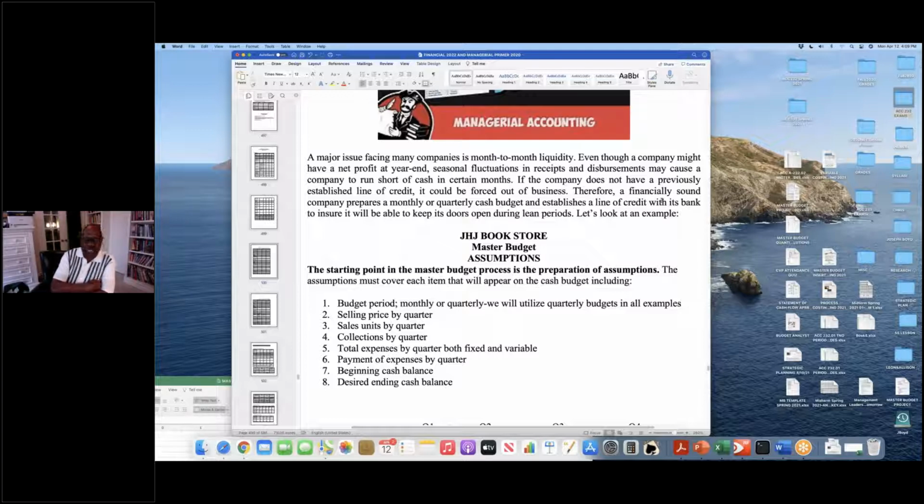And if we don't have enough money, the key thing is we take our statements to the bank and we get a working capital loan or a temporary loan so that monthly, quarterly we have enough money to pay our expenses. So at the end of the year, we're still open for business.